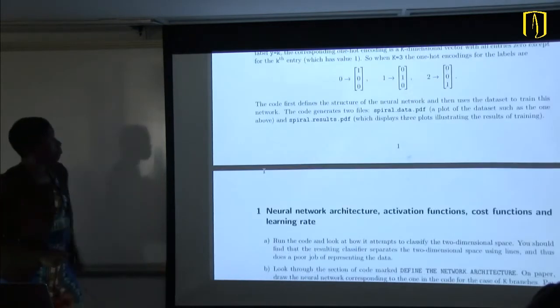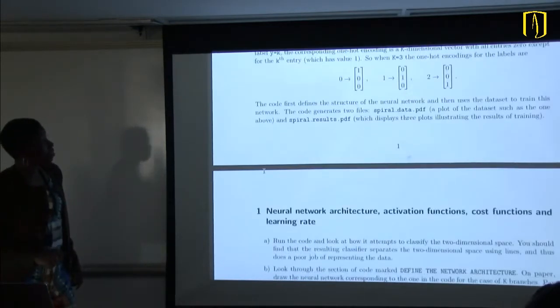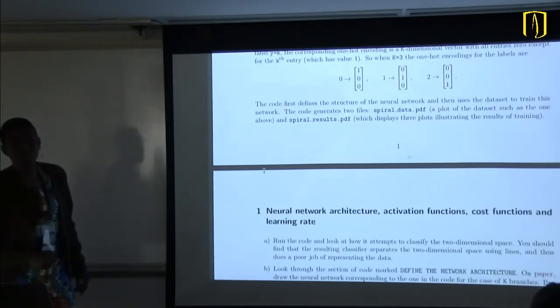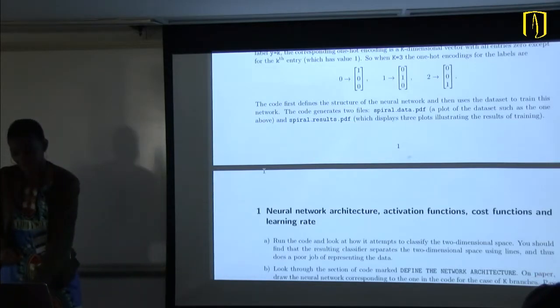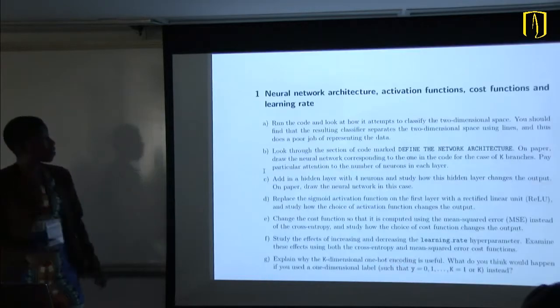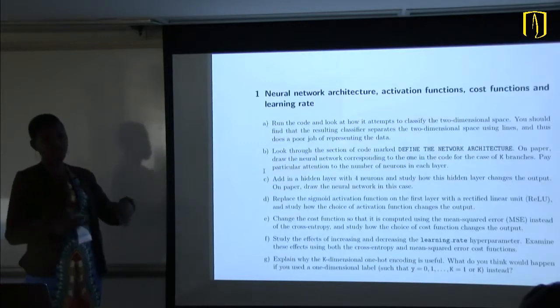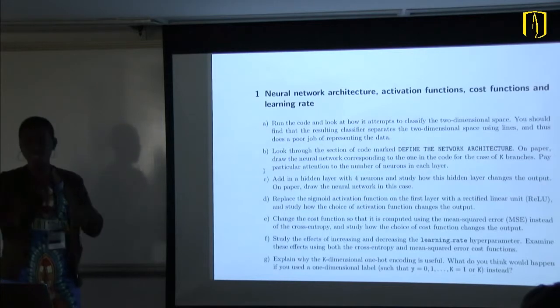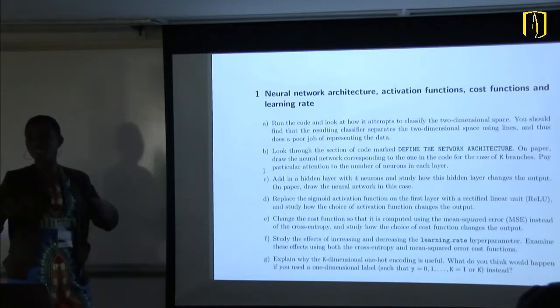When you run the code, it generates two plots: the spiral data plot, which is the one I showed before, and then the one with the results of the training. The tutorial is divided into 2 parts. The first one is where you look at the neural network architecture, understand the feed-forward neural network architecture, where the hidden neurons are, and the activation functions.